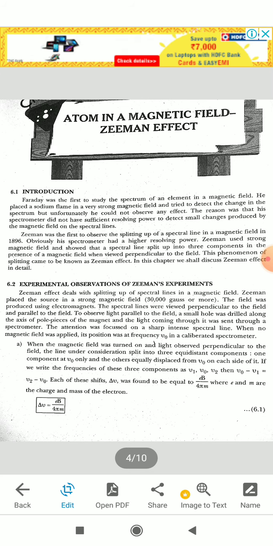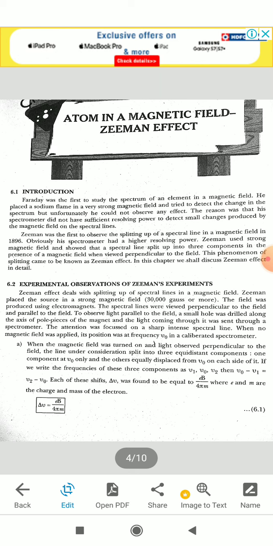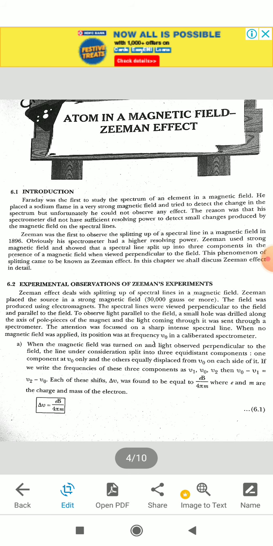So in this topic we are going to learn the Zeeman experiment and his observations. The setup is very simple: a source of spectral lines gives a fine, intense beam which passes through a strong magnetic field up to 30,000 Gauss or 3 Tesla.